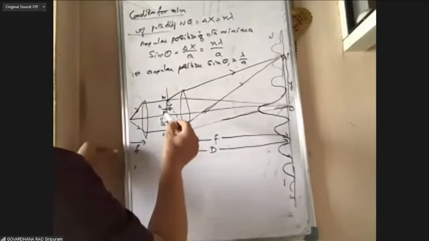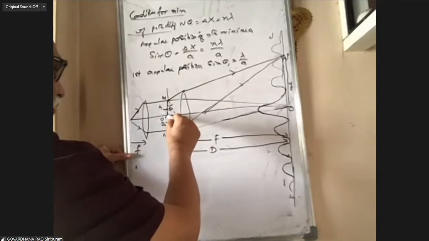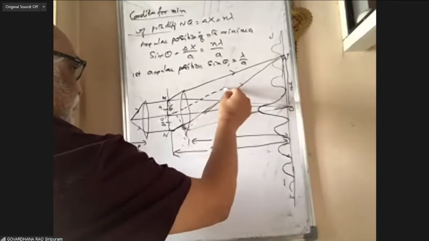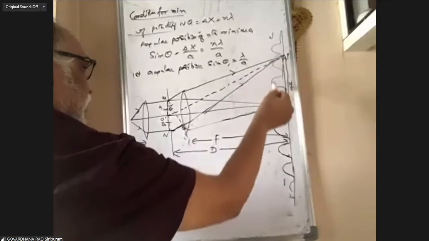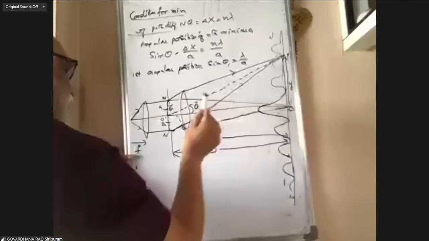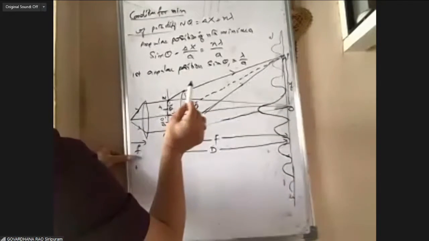What is the linear position? Here, this is y, this is also theta. So, tan theta equals how much?